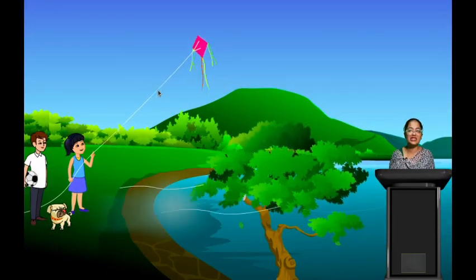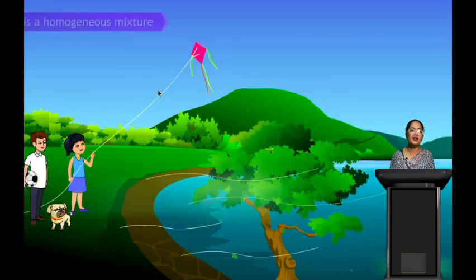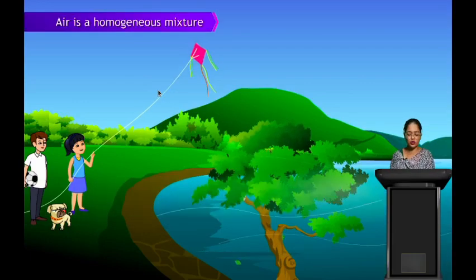So what do we see here? We see two friends flying a kite, no? They're flying it in nature, and the kite is flying in the air. Air has many different components. Like I said, air has carbon dioxide, oxygen, and nitrogen. So it is a homogeneous mixture, right?